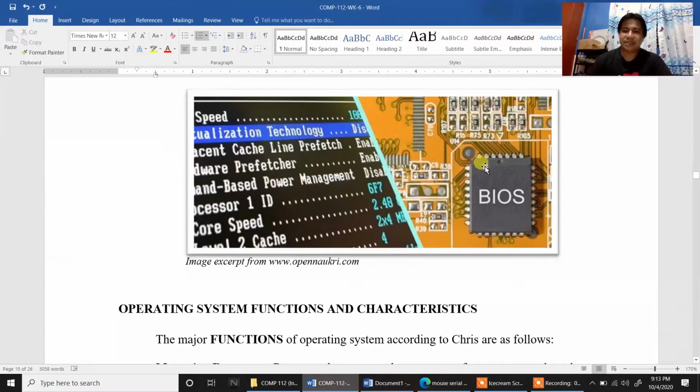Okay, so that is the chip called CMOS, Complementary Metal Oxide Semiconductor. It is a chip installed on your motherboard.